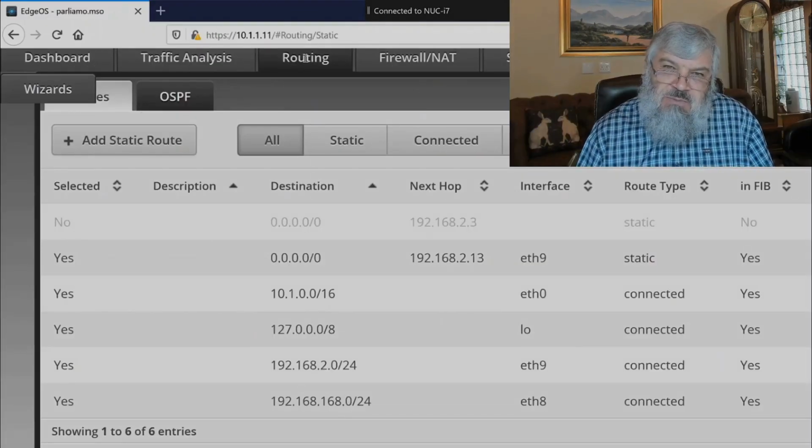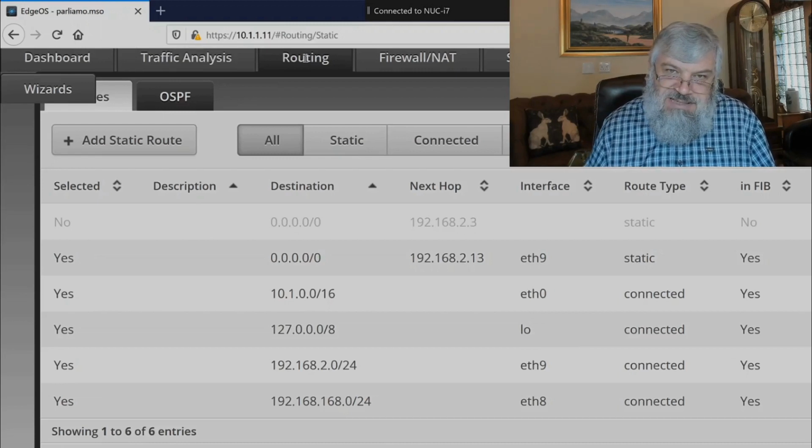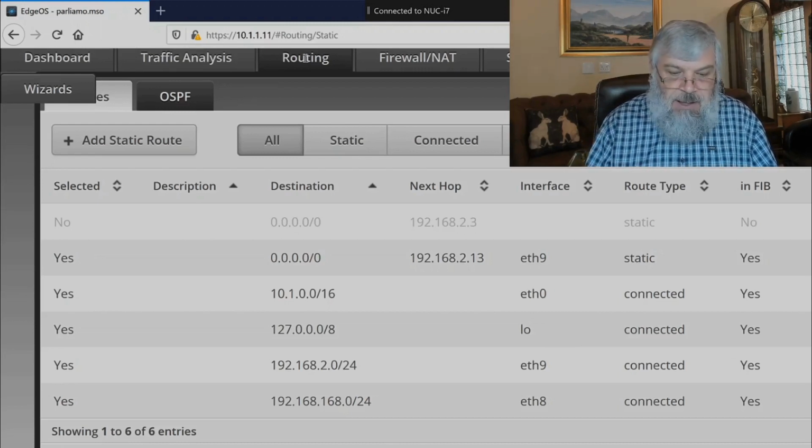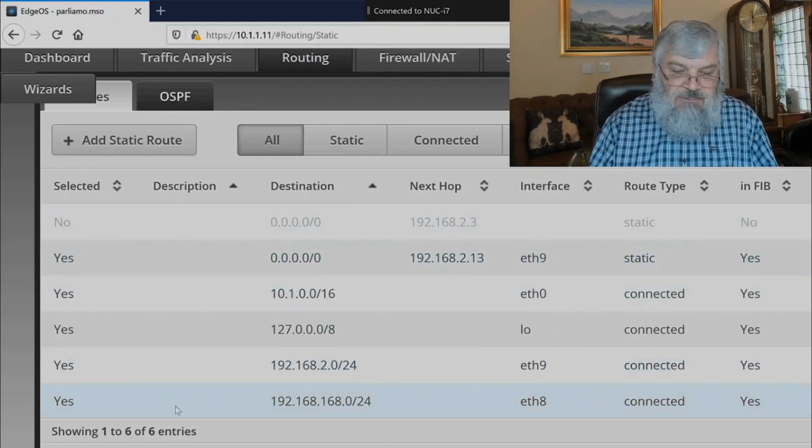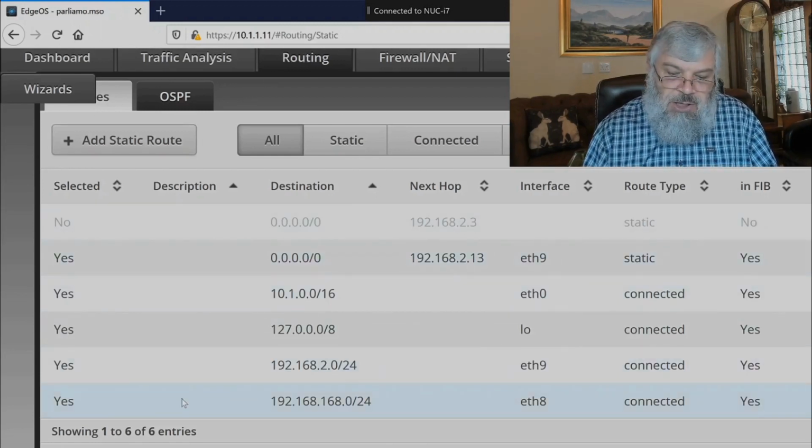Again, to make this more realistic, let's look at the router that I'm using in my home network. What you will see being displayed is in essence a routing table. And if we start at the bottom, you will see that I have a Class C network, happens to be one of those private addresses in my home network.